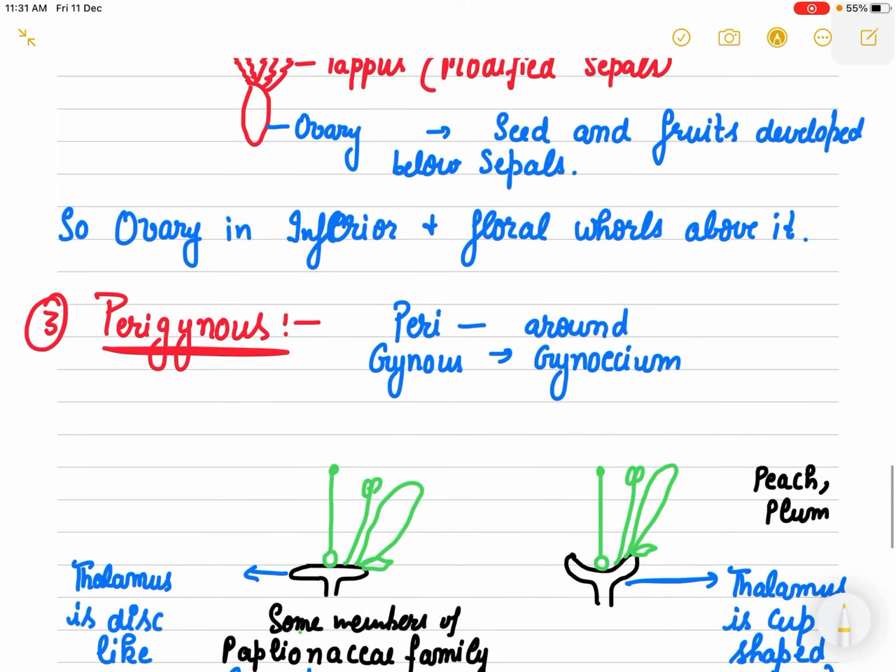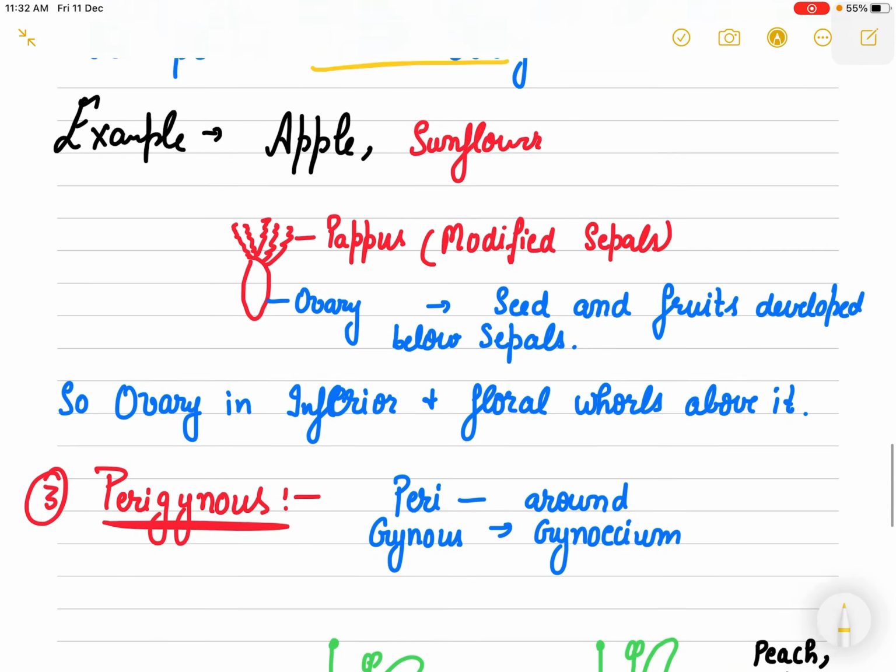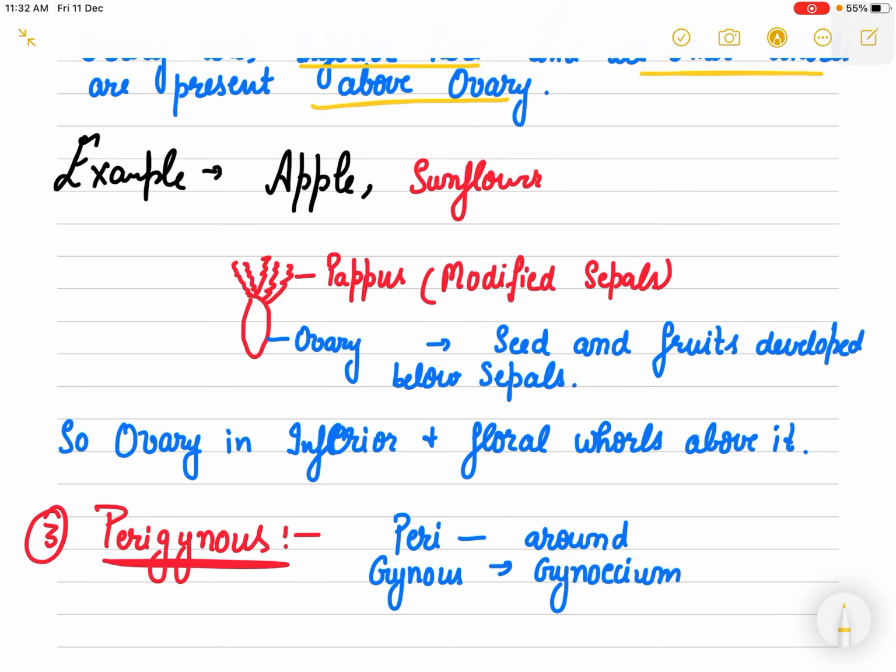Now there is one more example, that is sunflower. In sunflower, if you see, this is the ovary, and on the ovary you will find these feathery structures, which look black in color. This is actually pappus, and pappus is a modified sepal. Now just look at the position.